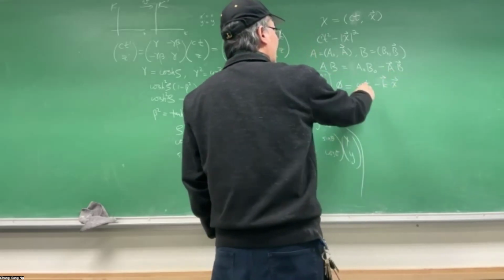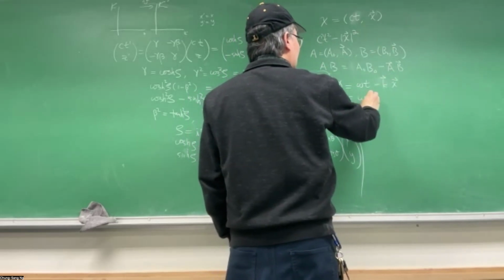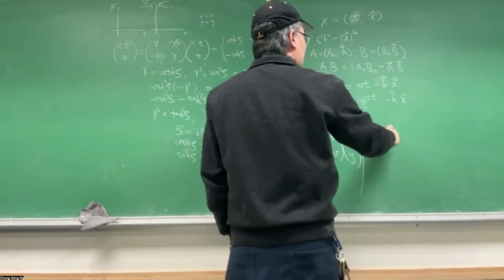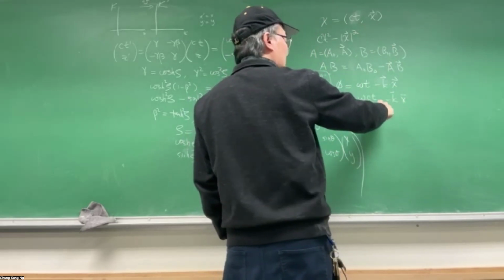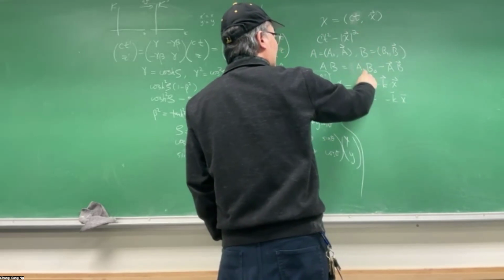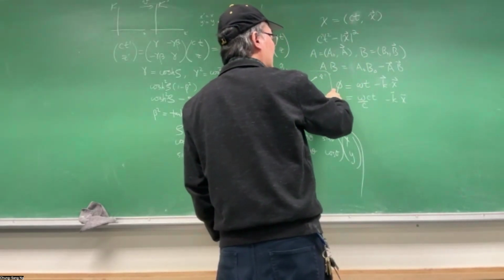Now we know CT and X form a four vector, so write omega over C times CT minus k dot x. By this property, this is a scalar because it is independent of frame.